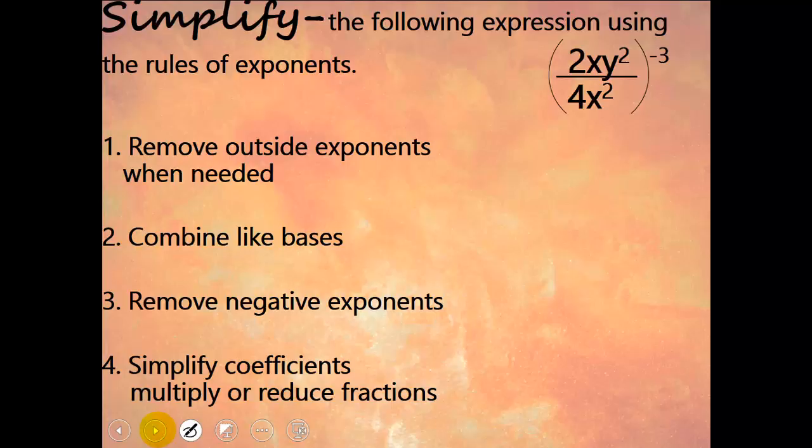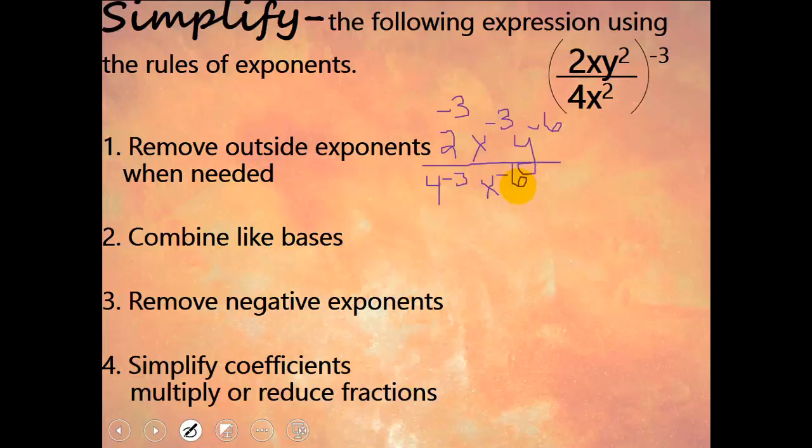Now I'm going to try one with a quotient and a negative exponent, and I'm going to apply that exponent to everything on the inside. So I get 2 to the negative 3. We're going to get lots of negative exponents. x to the negative 3, y to the negative 6 over 4 to the negative 3, x to the negative 6. Okay.